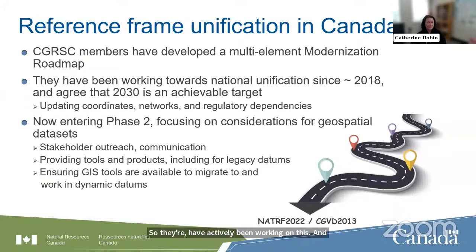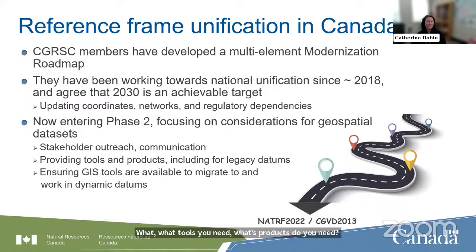We are now entering a phase 2 on the communication side. We've been communicating mostly to a surveying and engineering audience at this time, but we're starting to think quite a lot more about the considerations for geospatial data sets: what tools you need, what products you need, what kind of support or documentation is going to be required.